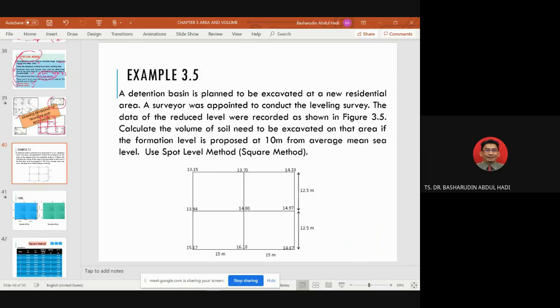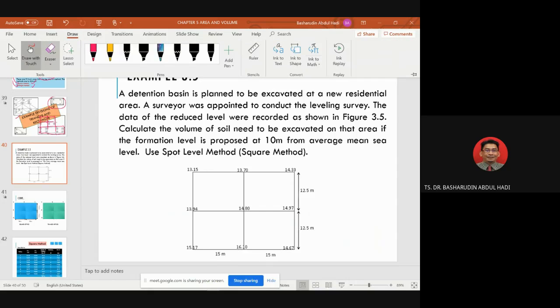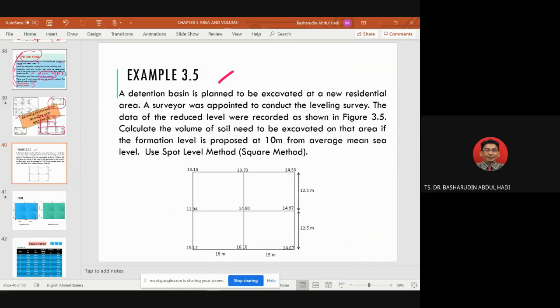Okay, so for example 3.1, the question is a detention basin. No, a detention basin is something that, if you are going forward to UiTM Pulau Pinang through the main gate, you can see a football field on your right, sorry, on your left. So you say this one is the football field? No, actually that one is for UiTM Pulau Pinang a detention basin to control our floods, especially flash flood, because the Permatang Pauh area is a flat area.